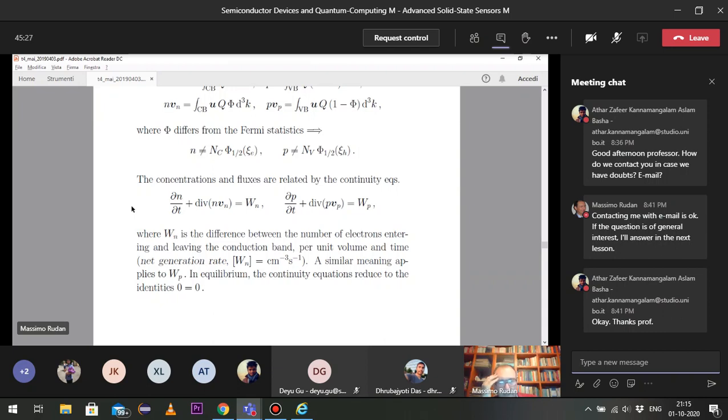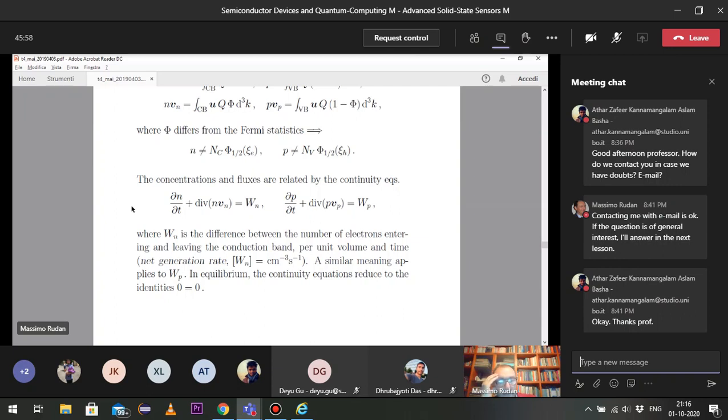What is the meaning of Wn and Wp? The meaning of them can be understood remembering the meaning of the continuity equation. So for instance, take the first equation and integrate this equation over some volume of the physical space.